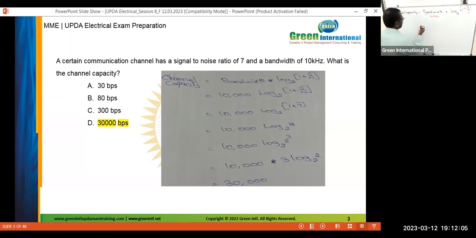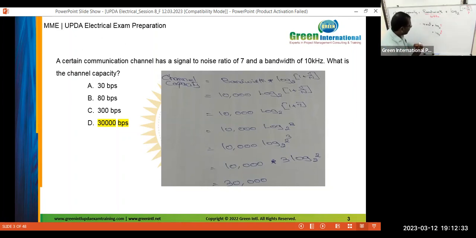So here, 10 into 10 raised 3 into log 2 of (1 plus 7), we get 8. So log 8, and log 8 we may write as 2 raised 3.